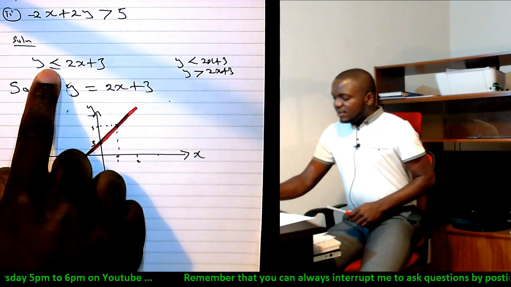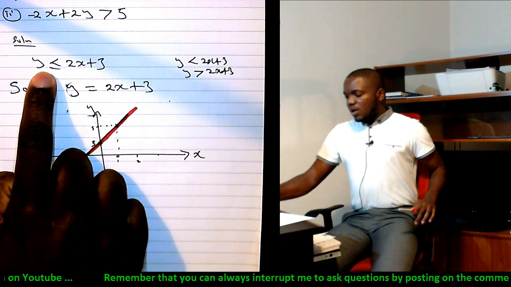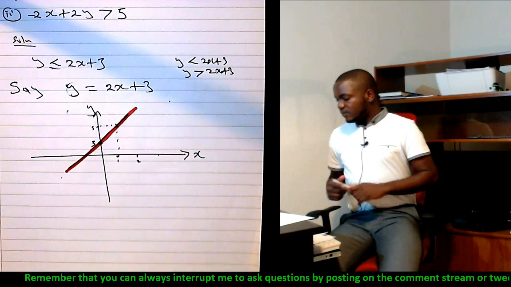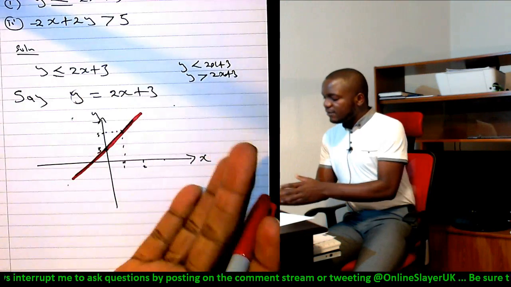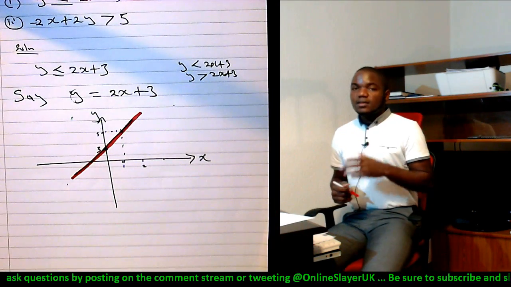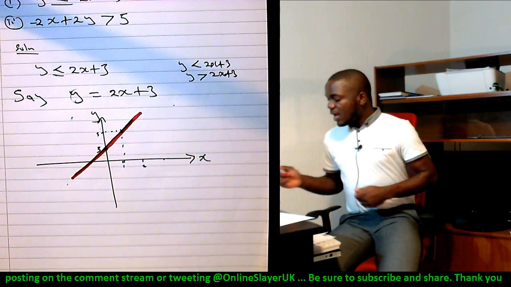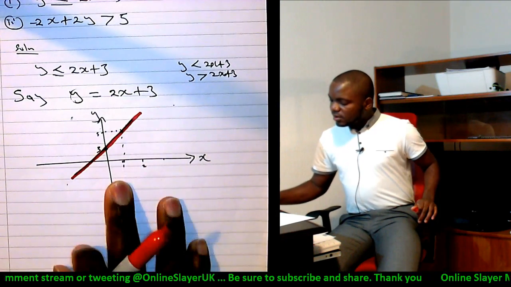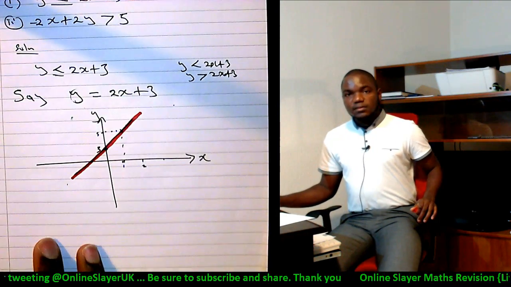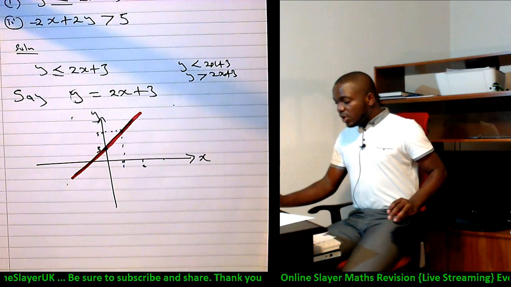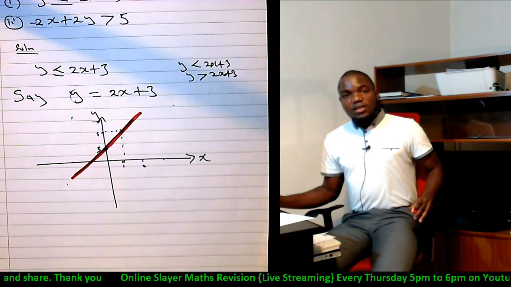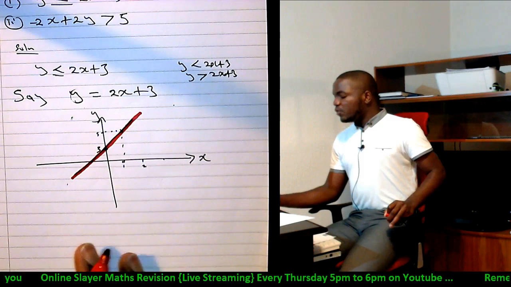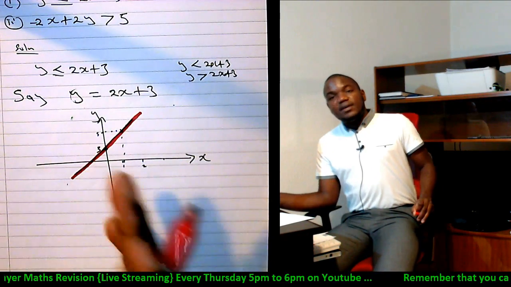Now let's look at this other side, which says y is less than or equal to 2x plus 3. It tells us that either of these two sides of the line will be a solution. So either this part is a solution or this part is a solution. The only way to know that, because there are many shortcuts around, is to test any of the points on either side.